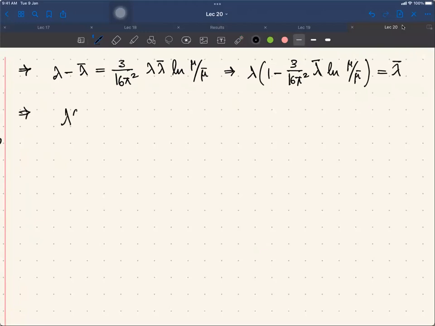In other words, lambda of mu is equal to lambda bar divided by 1 minus 3 by 16 pi square lambda bar times log mu over mu bar.